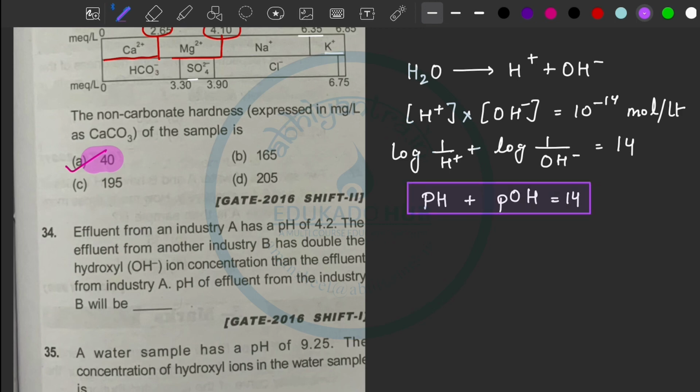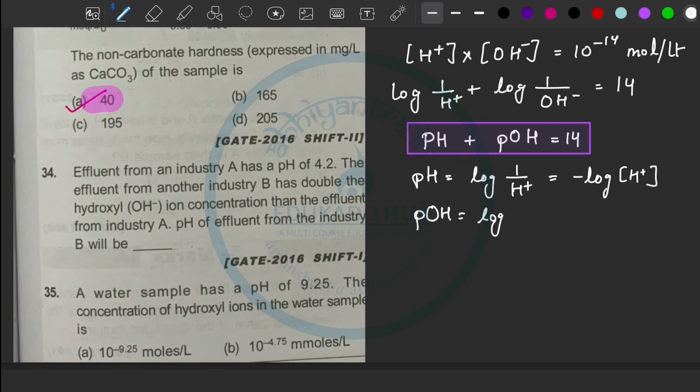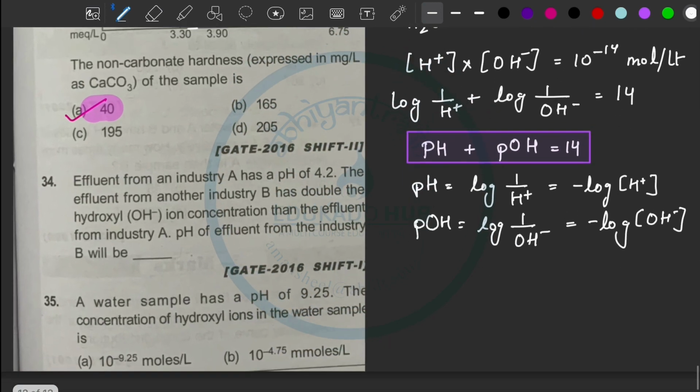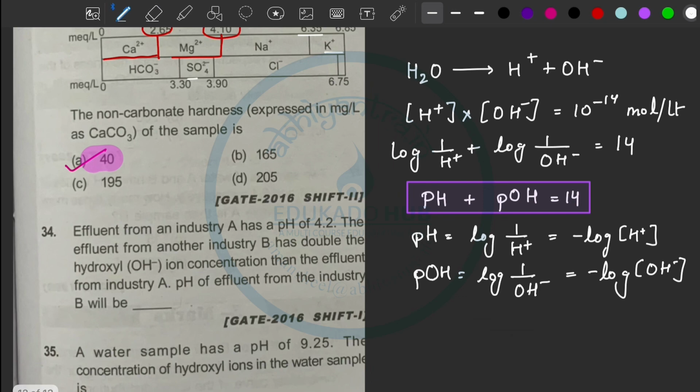So pH is nothing but log of 1 upon H plus ion concentration, that is minus log of H plus ion concentration. And similarly pOH is nothing but log of 1 upon OH minus ion concentration, that is minus log of OH minus concentration. Now this is all about the theory behind the question.